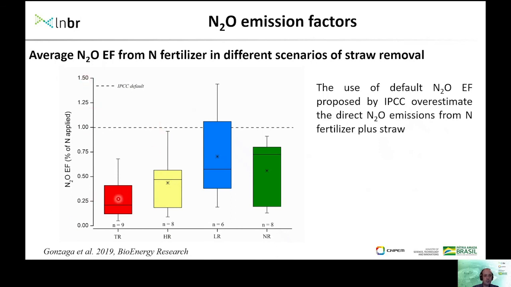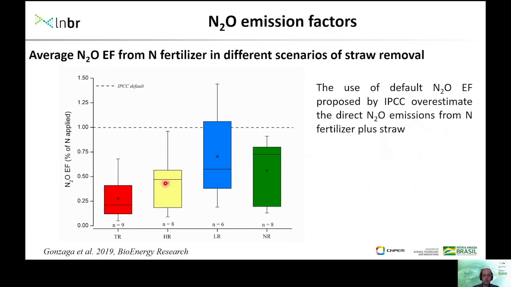In our case, if you analyze just the asterisk, which means the average, it's possible to see that in all scenarios of straw removal, the value proposed by IPCC overestimates the direct emission from N fertilizer plus straw.